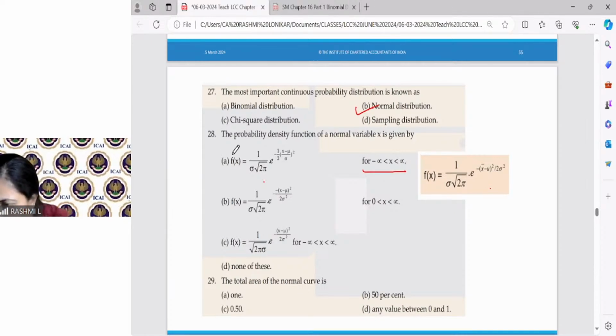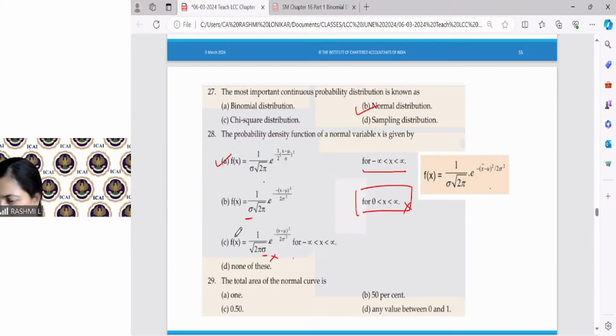This matches, so this is correct. Let us see why the others are not. This formula is correct, but this is wrong. And over here, sigma is under the square root sign, which is also wrong. Sigma is outside the square root sign.